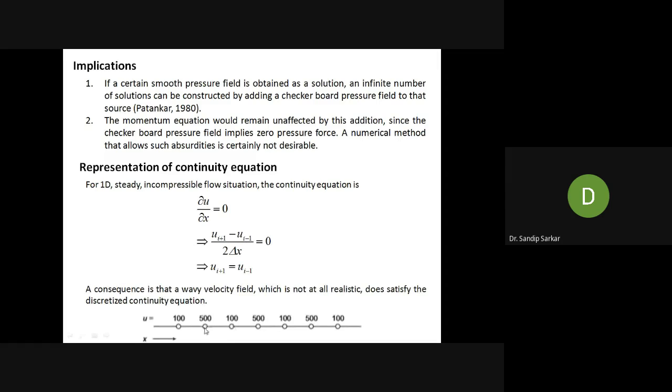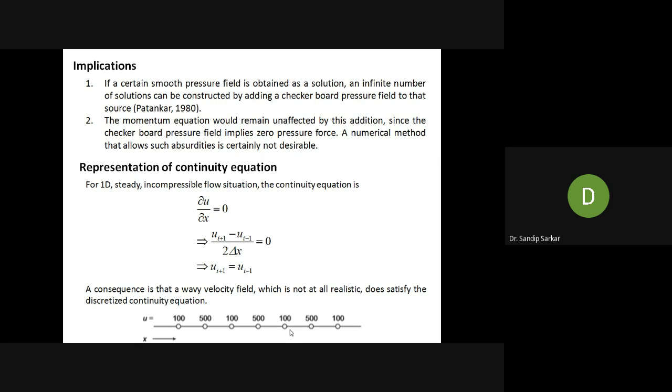One velocity is there, again another velocity is there, so these velocities are equal, these velocities are equal. So you are getting a zigzag kind of velocity field, which is not at all realistic to satisfy the equation of continuity in the flow domain.